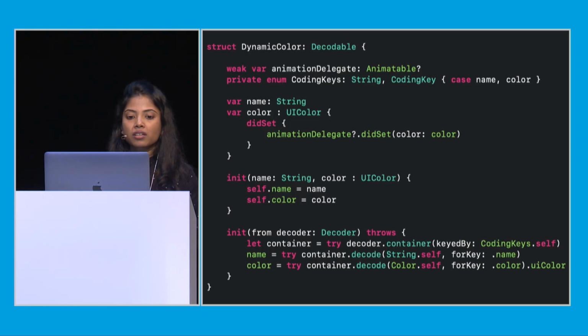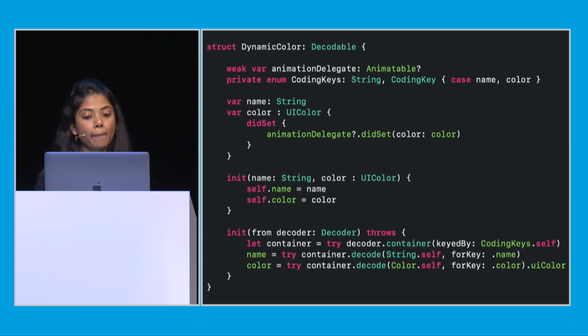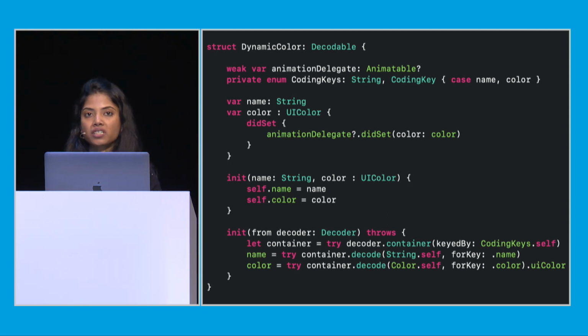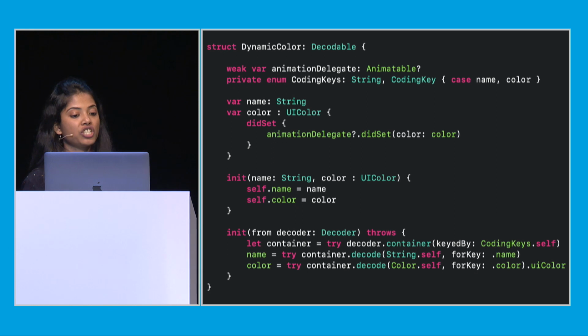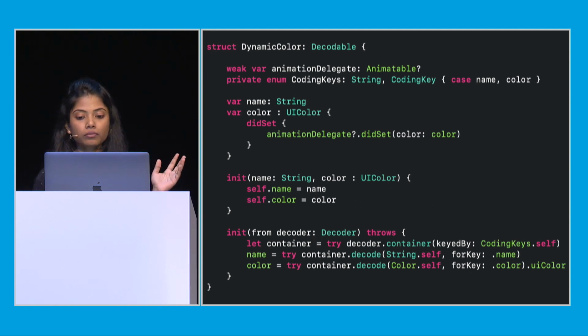UIColor does not conform to the Codable protocol, but its individual components like RGB values do. You would be able to take advantage of the Decodable protocol combined with property observers to update the animation color.